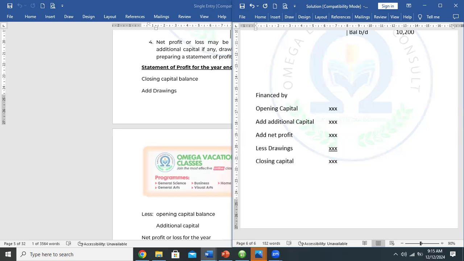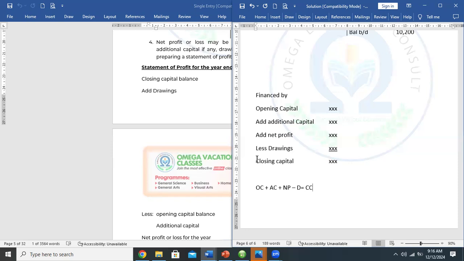Per what I have here, OC is for opening capital, right? We add additional capital, which is AC. Then we add net profit, which is NP. Then we less or minus drawings D. And that will be equal to our closing capital CC.